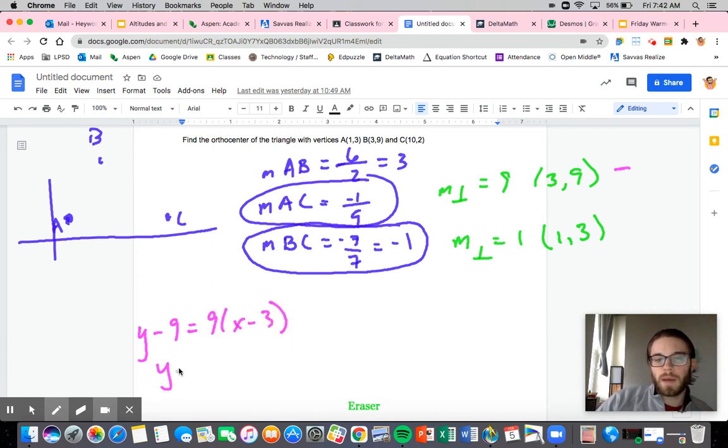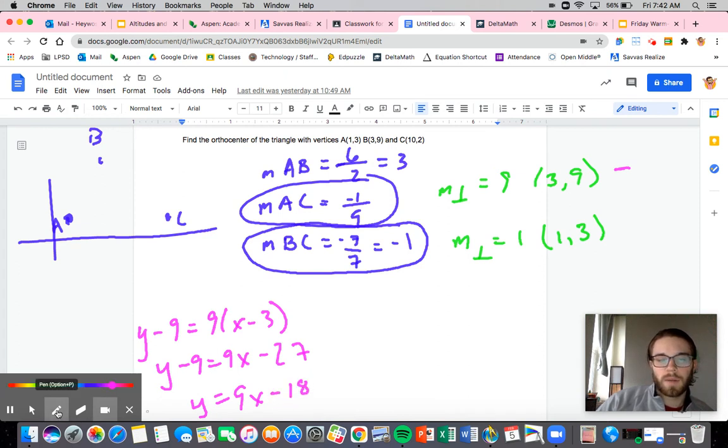So we'd have y minus 9 equals 9x minus 27, so y equals 9x minus 18.